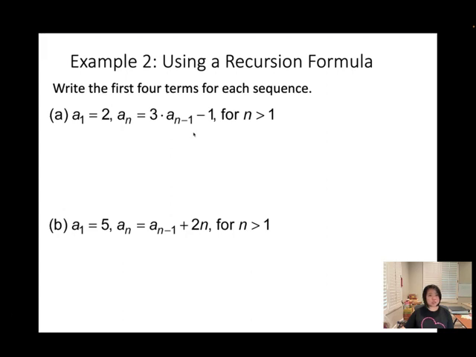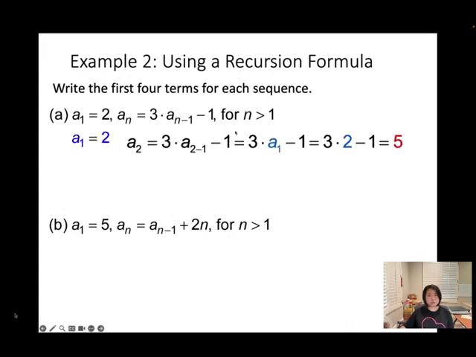So let's try to plug it in and write down the first 4 terms. They already gave a1 equals 2. So you're going to plug in n equals 2, that would be a2 equals 3 times a2 minus 1, which is 3 times a1, which is your 2. So multiply, 6 minus 1, you're going to get 5. And then for a3, you're going to use a2 again.